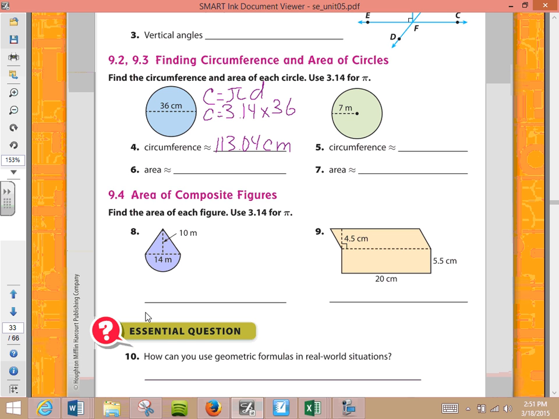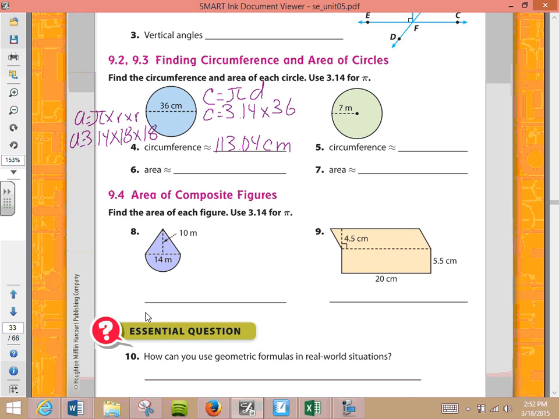For the area, what is the formula then? Area equals pi times r times r. Exactly. So we know that pi is 3.14. And what is r? 36 divided by 2, which is what? 18. 36 divided by 2 is 18.